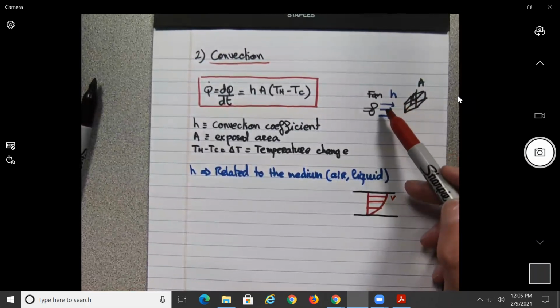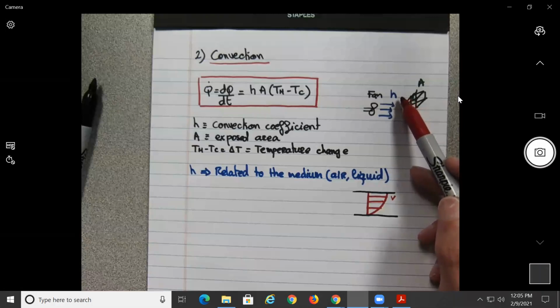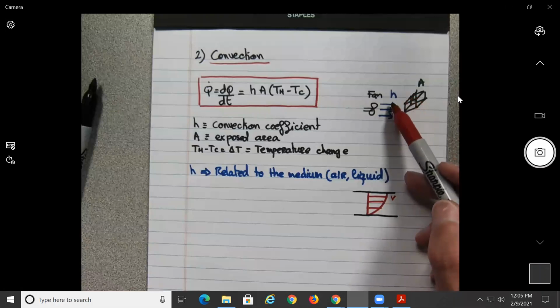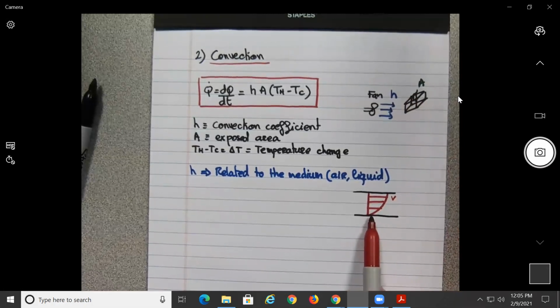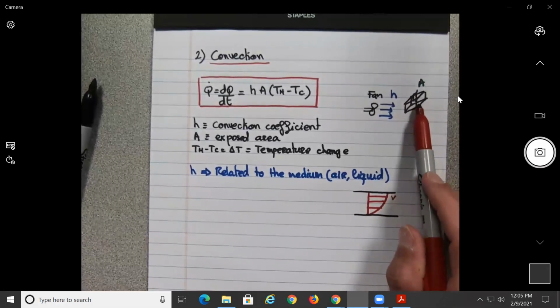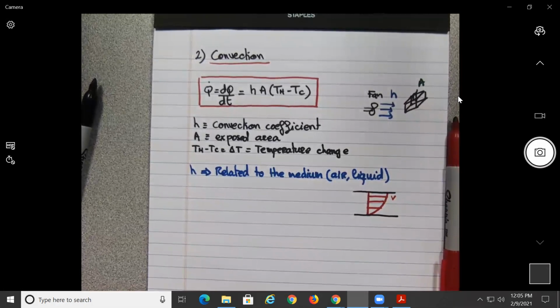The lower velocity you put on the fan, the lower should be the h, correct? So you see that the h is influenced not only by the type of fluid that it is, air or gas, but also by the velocity of the air or the gas, okay? Now, is the velocity going to be the same, let's say, on the surface of your skin as it is 10 centimeters from your skin?